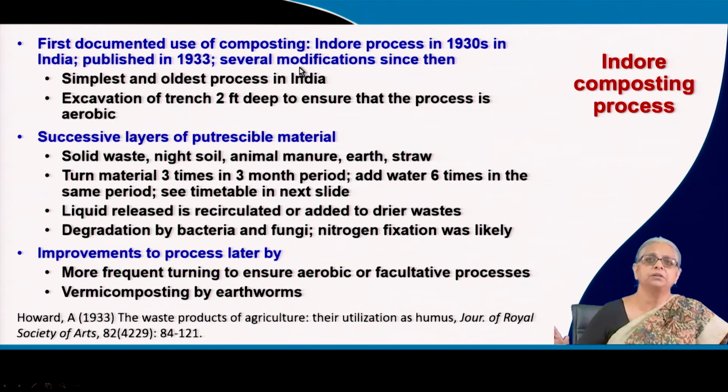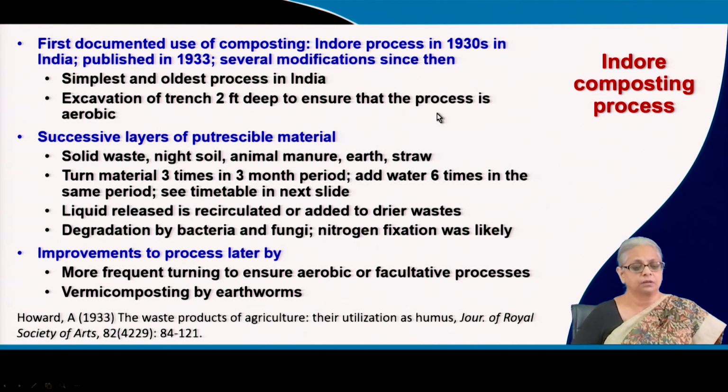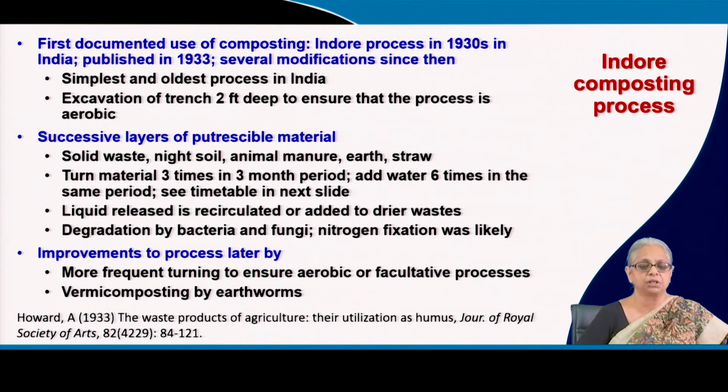There have been any number of modifications to this process since this publication, but it seems like this formula has been more successful than most of the other modifications. So let's just take a very quick look at it, at least for understanding the principles that are part of the composting process.